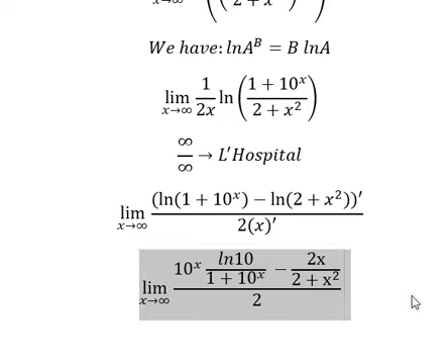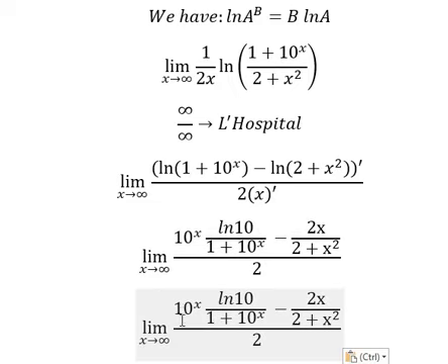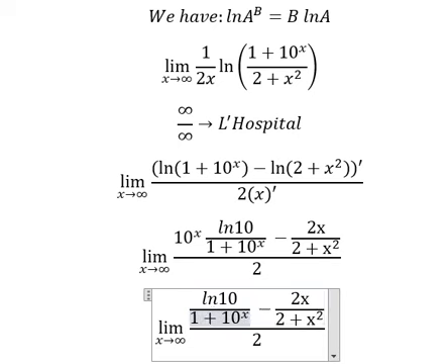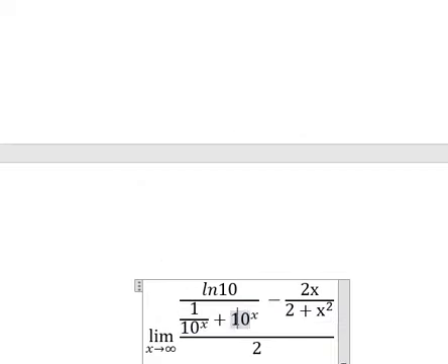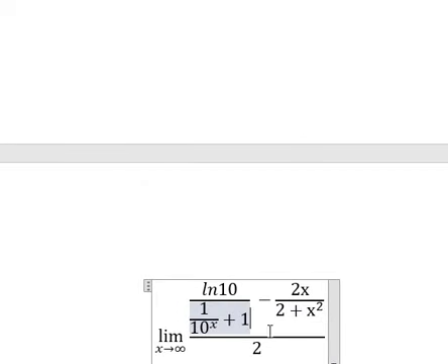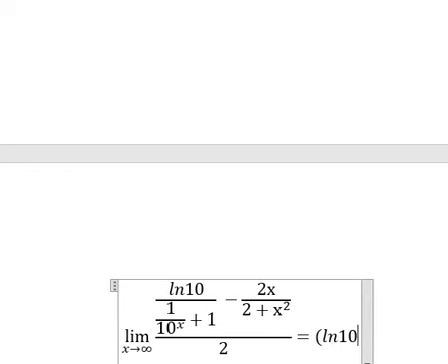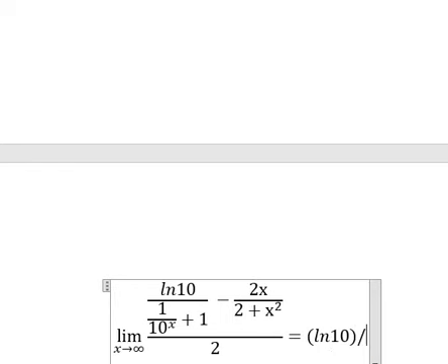Next, we divide by 10 to the power of s on the numerator and the denominator. So that should be like this. When s approaches positive infinity, this one you get 0, this one you get 0, and now we just have ln 10 over 2.